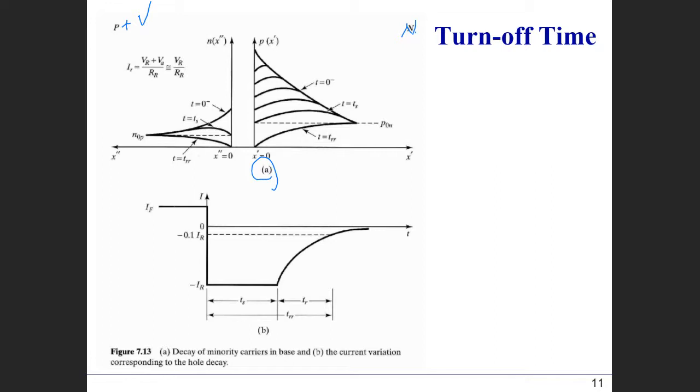How do we know? When you look at the minority carrier concentration, the electron concentration in the P side is much smaller than the hole concentration in the N side. So we can conclude that this is going to be P plus N.